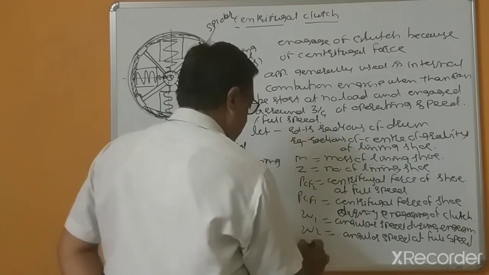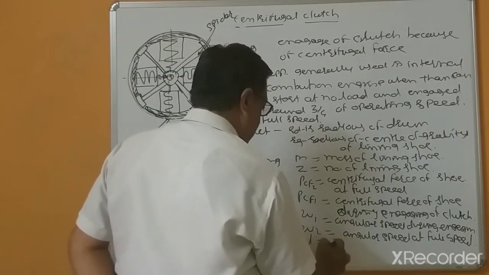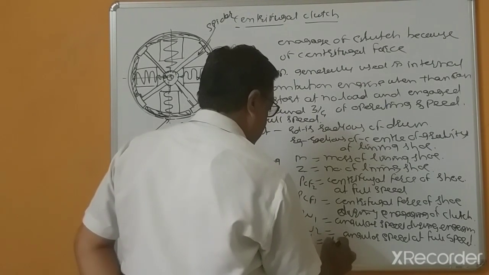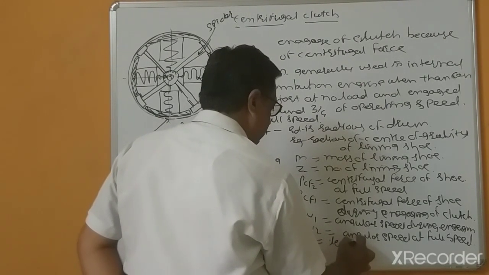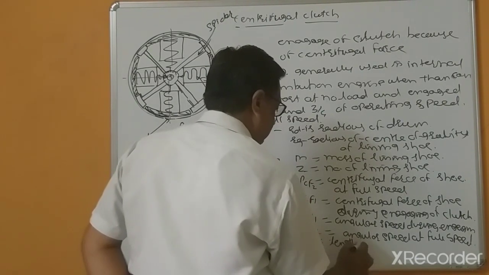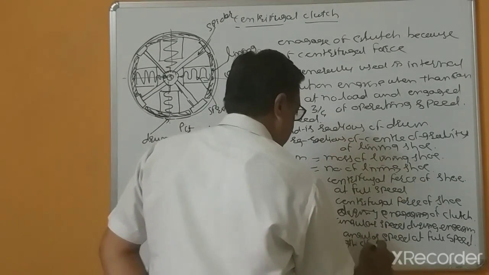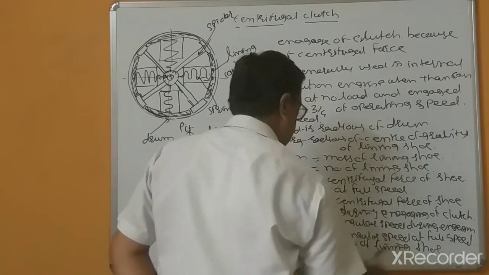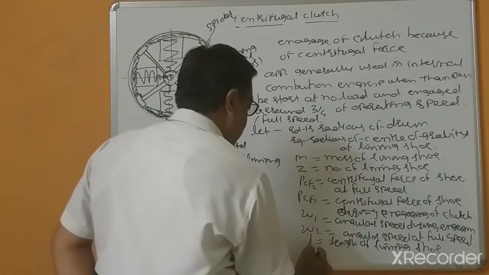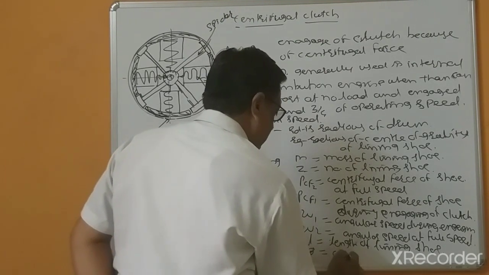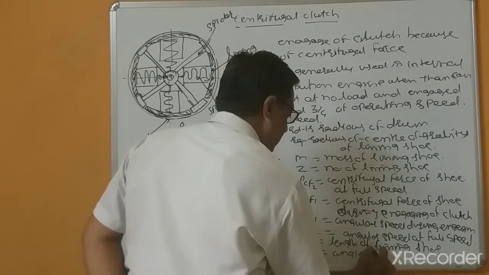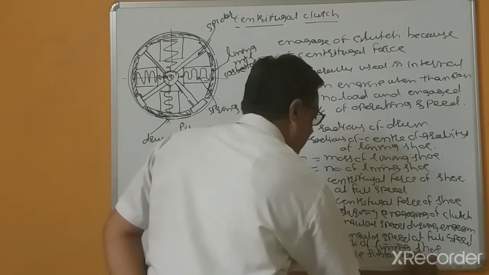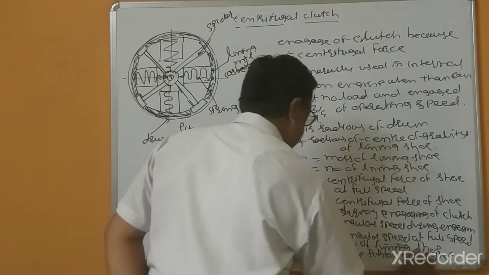Now L is the length of the lining shoe, and theta is the angle subtended by the shoe.